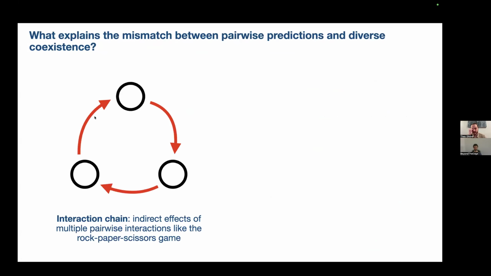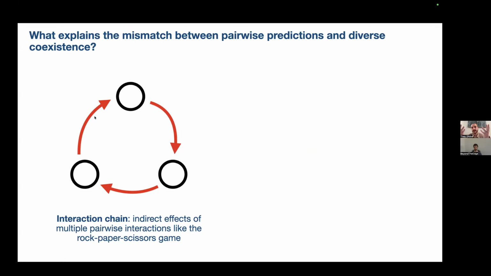The first possibility is that there's some pattern in the pairwise effects between all the species that produces coexistence at the whole community level. The prototypical example of this kind of interaction pattern is the rock, paper, scissors game, where each species can unambiguously beat the next one.